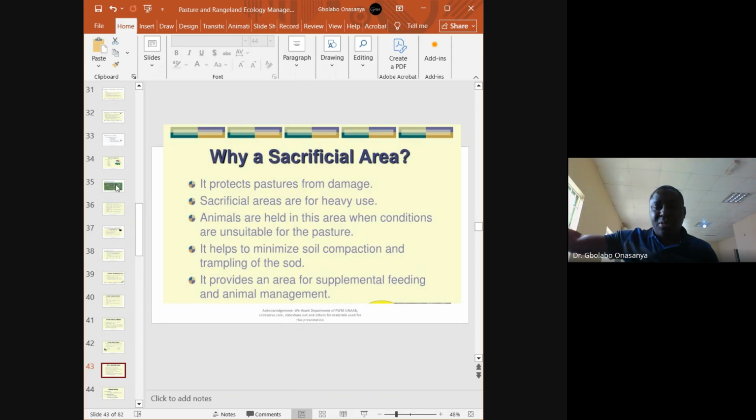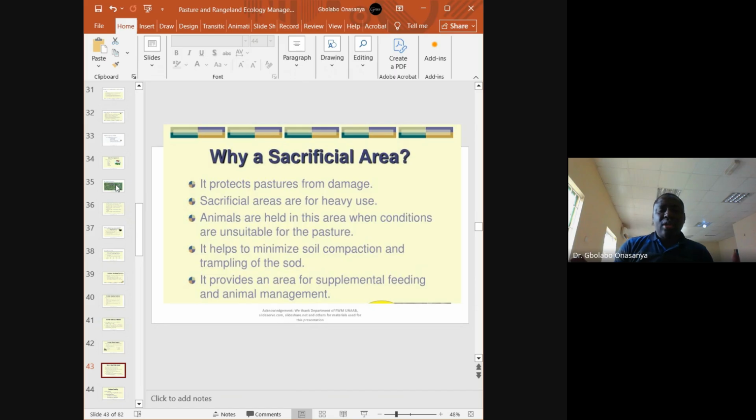You don't want the animals to encroach on other areas, so you keep them in the sacrificial area. The sacrificial area protects other pasture areas from damage. Sacrificial areas are subjected to heavy use, heavy exploitation, destruction of soil structure, destruction of soil texture.